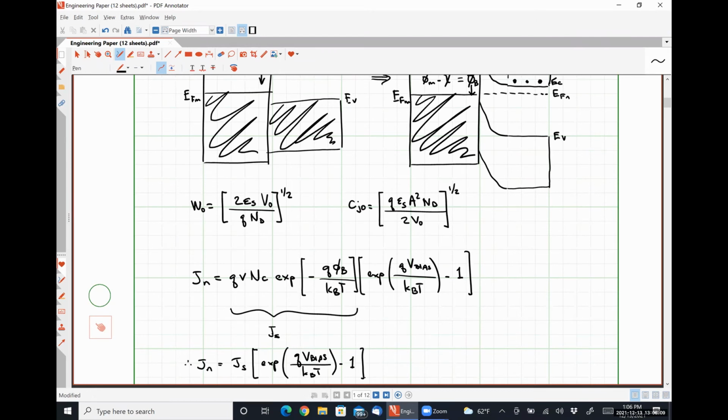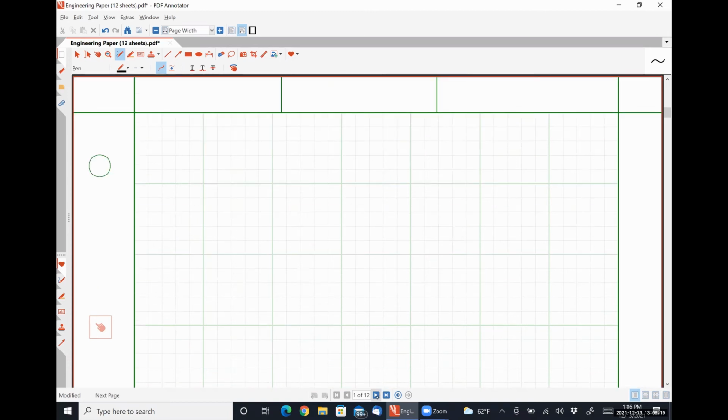All right, so we're all reasonably okay with this because the behavior is extraordinarily similar to what we've seen for our PN junctions. So now let's deal with ohmic junctions.